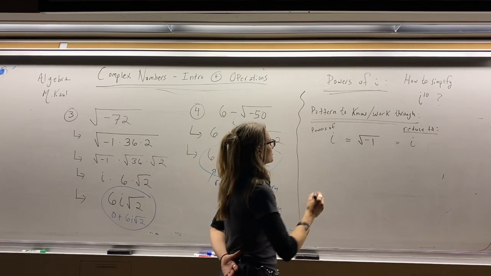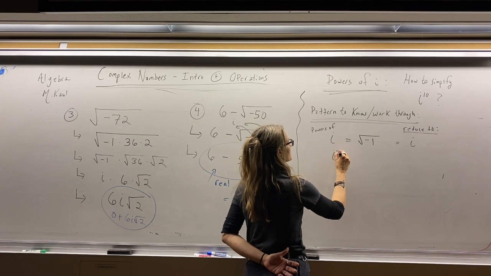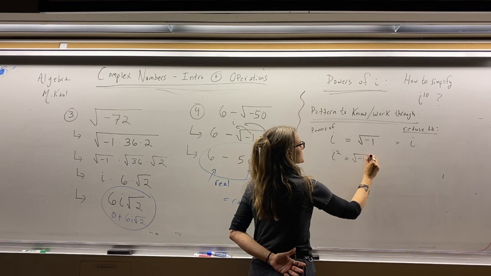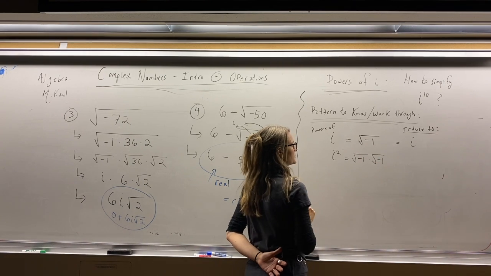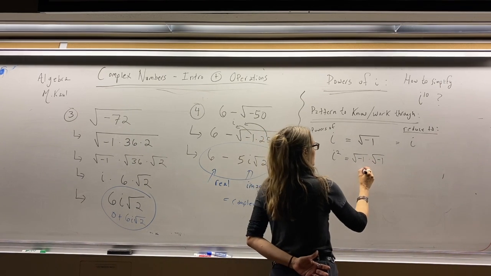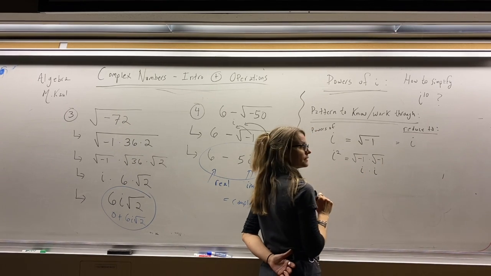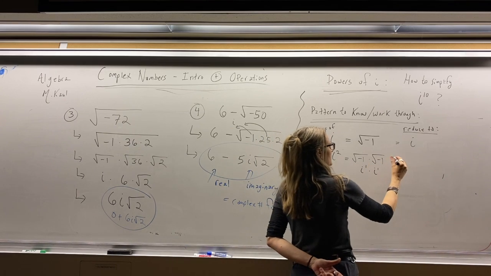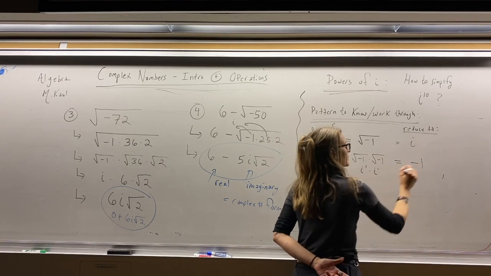Okay. If we have i squared, remember that's a -1 square root times a -1 square root, or basically i to the first power times i to the first power, and that really is just the value -1.